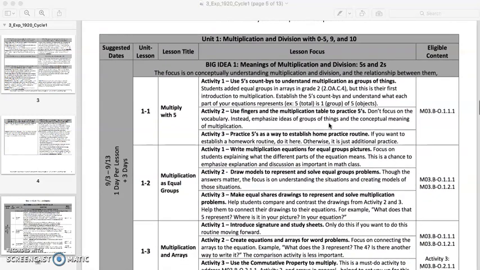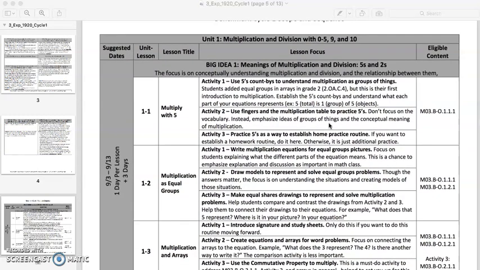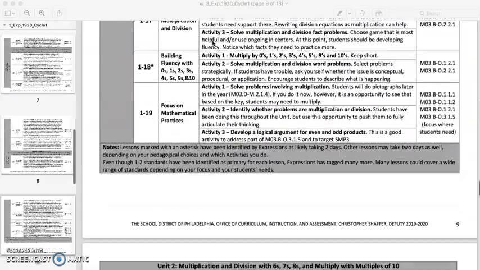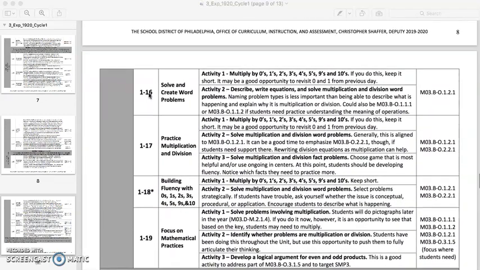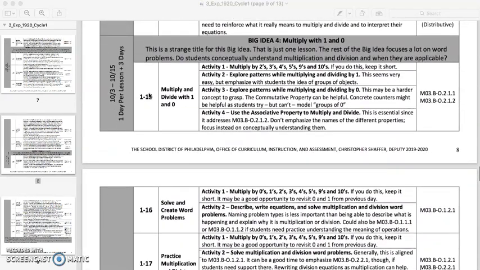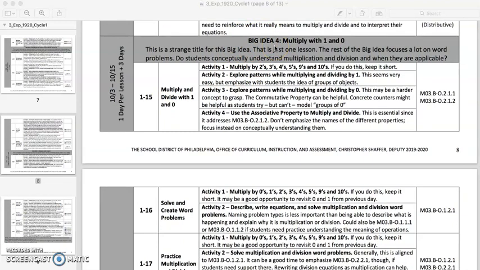Then we get to the detailed pages. Math Expressions has very large units. In fact, Unit 1 has 19 lessons. To help focus your attention within that unit, Math Expressions breaks it down into big ideas.